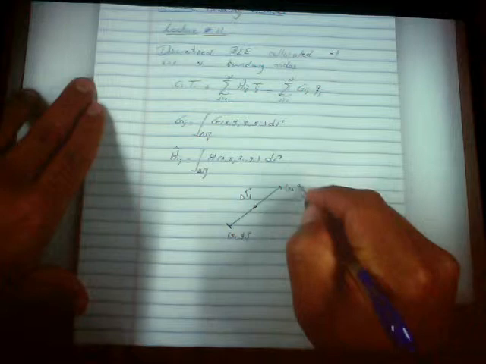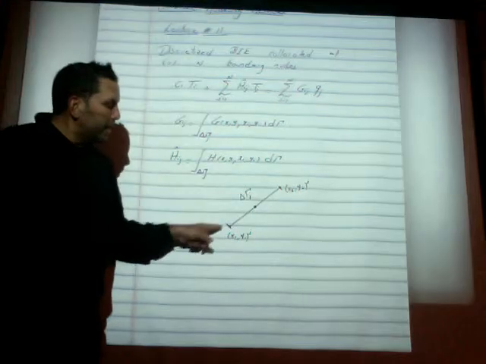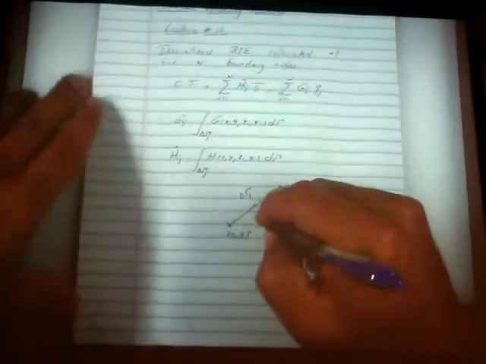And element j has a node in the middle, which we call the field node, and these two nodes, x1, y1 and x2, y2, j, are the ones that define the geometry of the element, because we said that the element was linear.